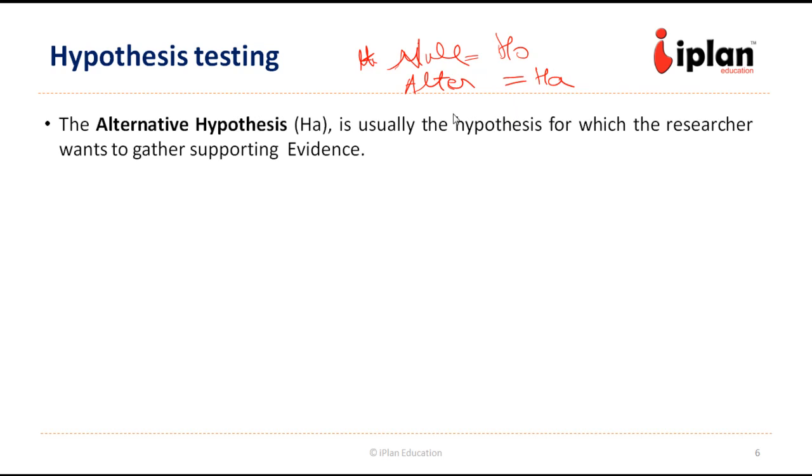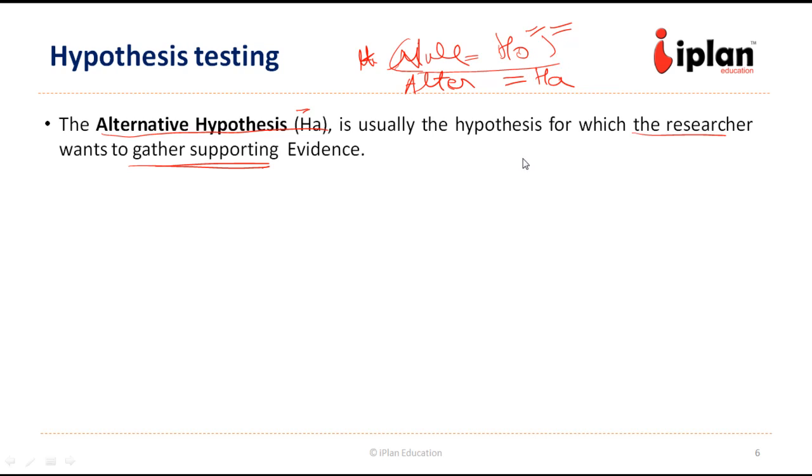The alternative hypothesis is the one which the researcher is collecting evidence for, and H naught is the one which the researcher wants to reject. So the null hypothesis is what the researcher wants to reject by collecting evidence against it.